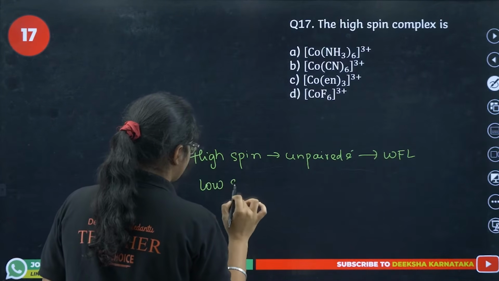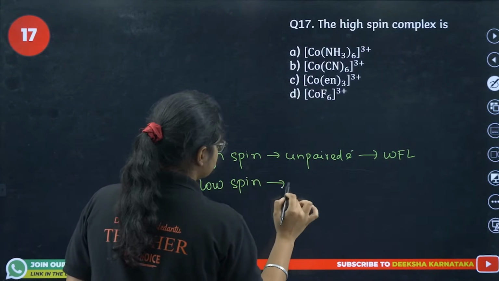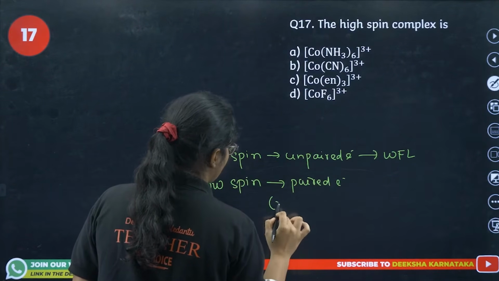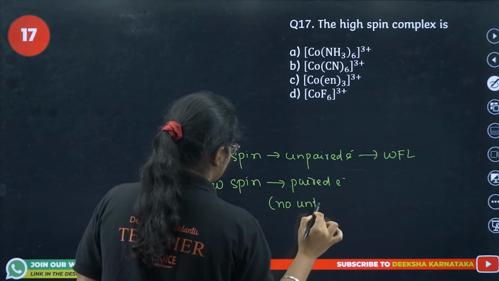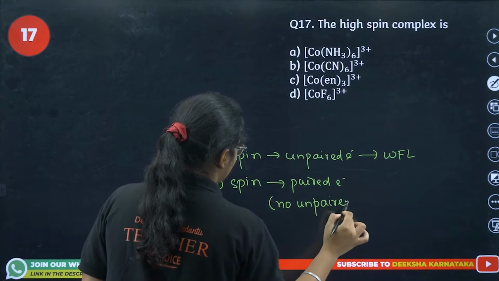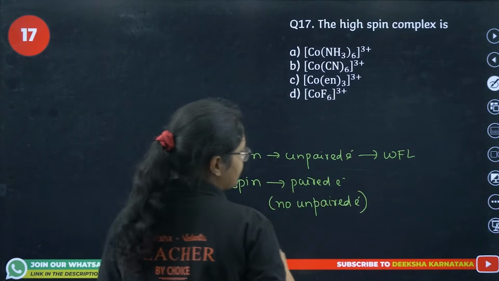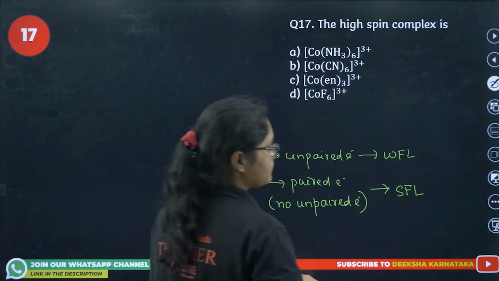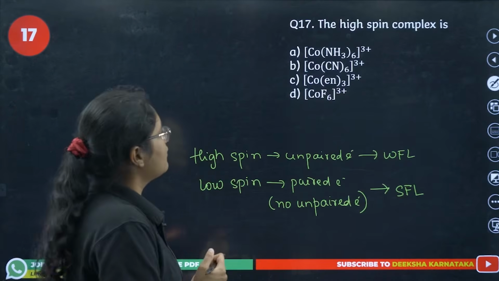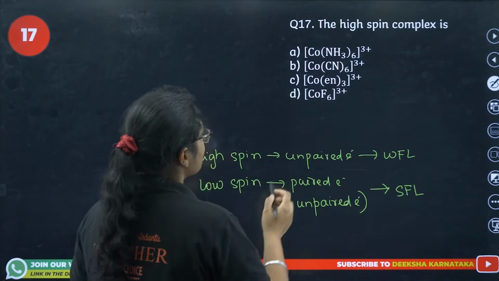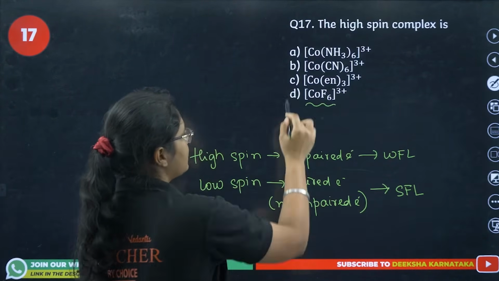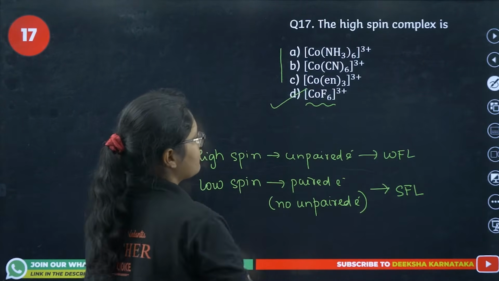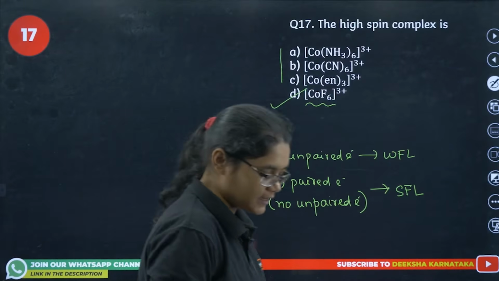And a low spin complex means it should have paired electrons, or I can say no unpaired electrons, in the case of a strong field ligand. Now if I see that [CoF6] has a weak field ligand and all others are strong field ligands, in that case I'll get a high spin complex. So option number D is the correct answer.